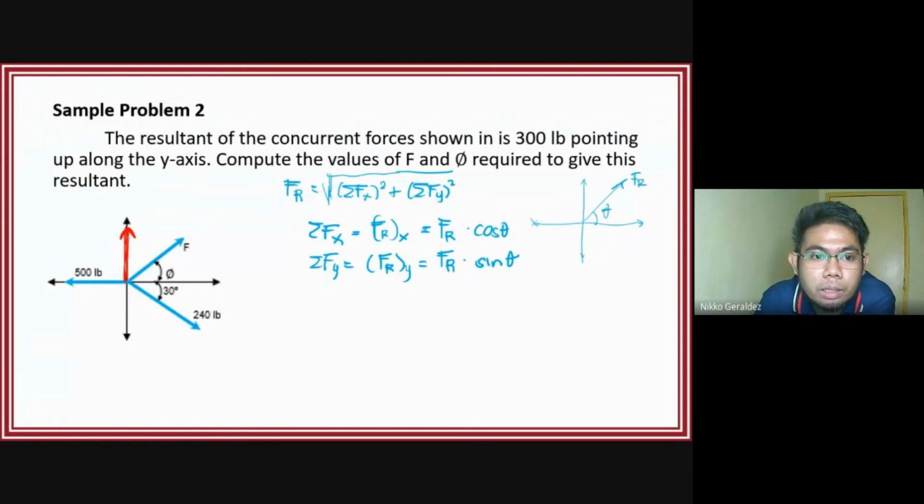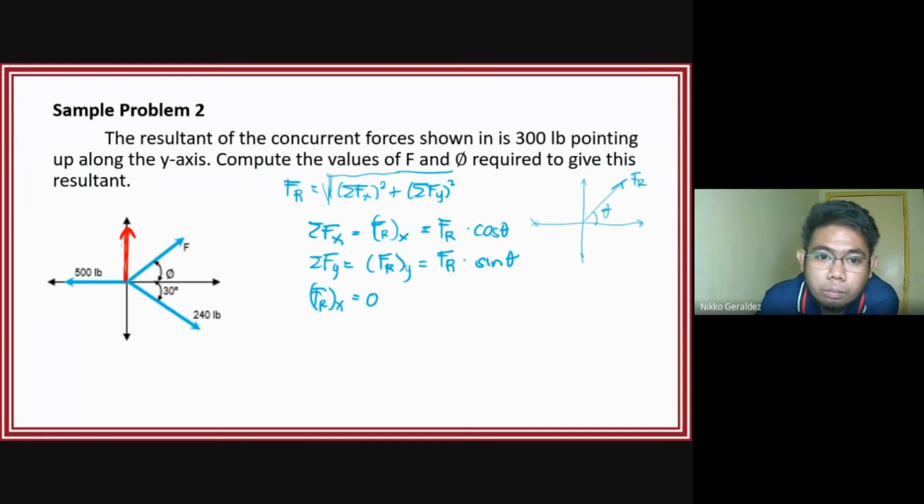In this case, binigay na yung resultant force along the positive y-axis. So ibig sabihin, the x component of the resultant force is 0.